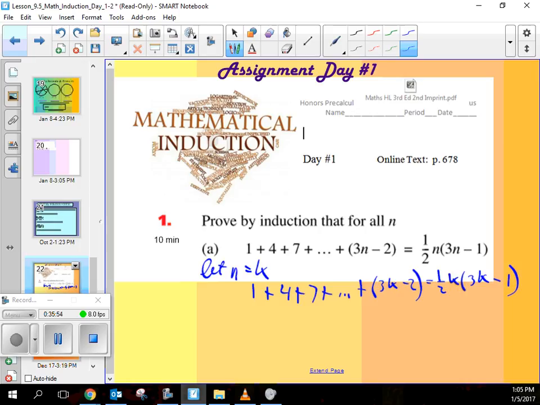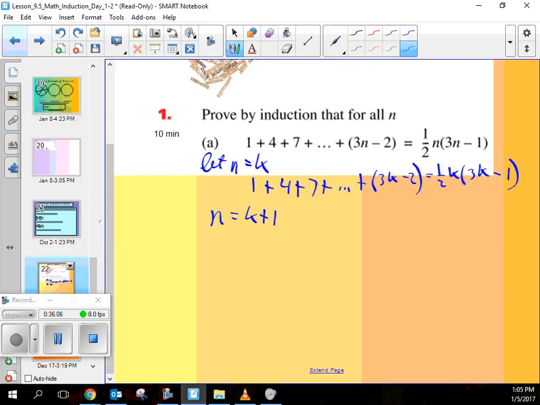So if we've now switched it to a variable, now we got to do the one after that. But we aren't going to be dumb and change letters. We're going to say what's after K? N equals K plus 1. So now we write this out. I'm doing your homework for you. I would recommend joining with me here.